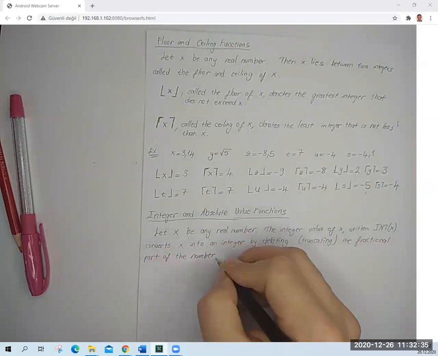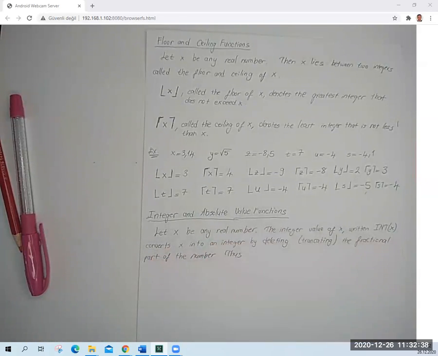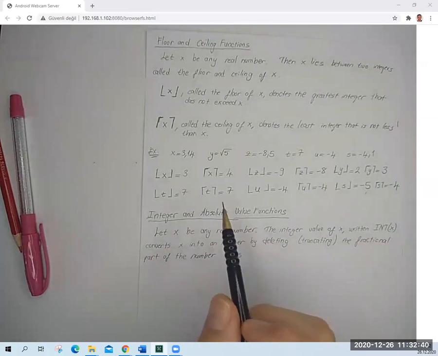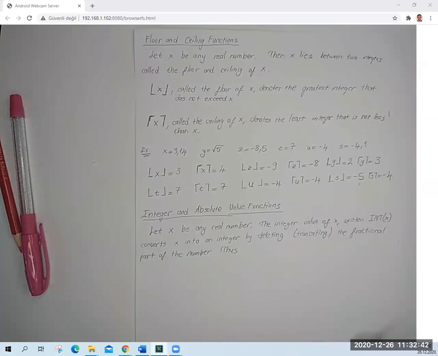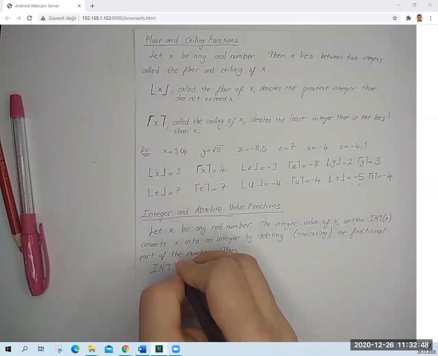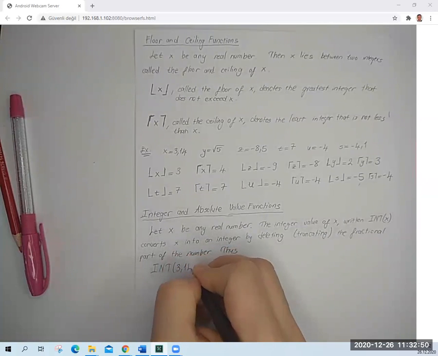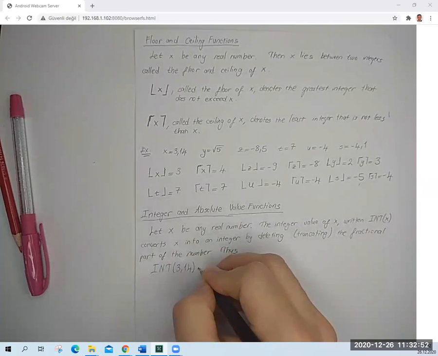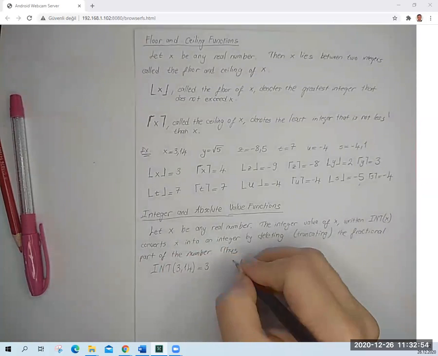So, for example, it's not exactly floor or ceiling. So let's say there is INT of 3.14, like the x value. This is going to be 3.